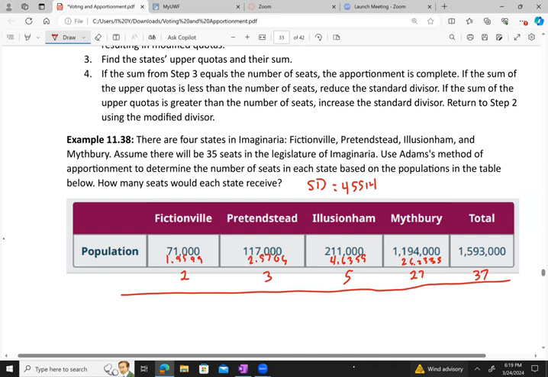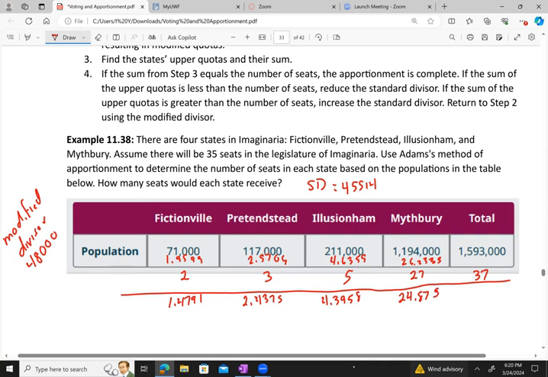And again, this took several tries. And I ended up using 48,000. And that gave me my quotas of 1.4791, 2.4375, 4.3958, and 24.875.